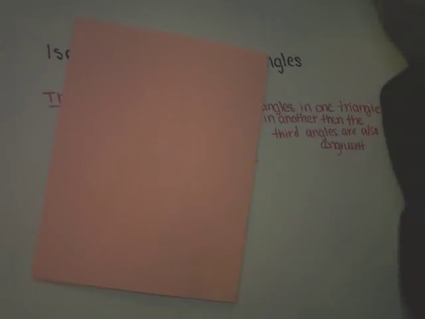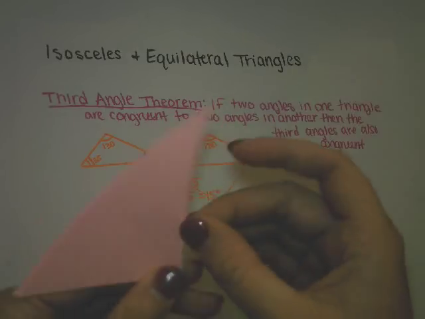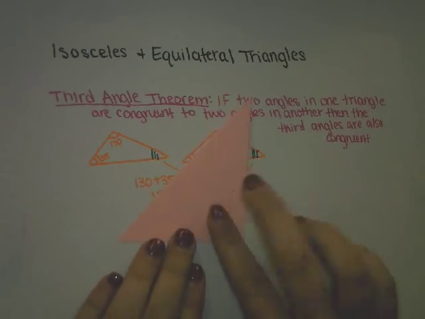Take this piece of paper, I'm going to fold it, and I'm going to cut a triangle from this. Something like that. Okay. So I kind of folded it, and I cut a triangle.